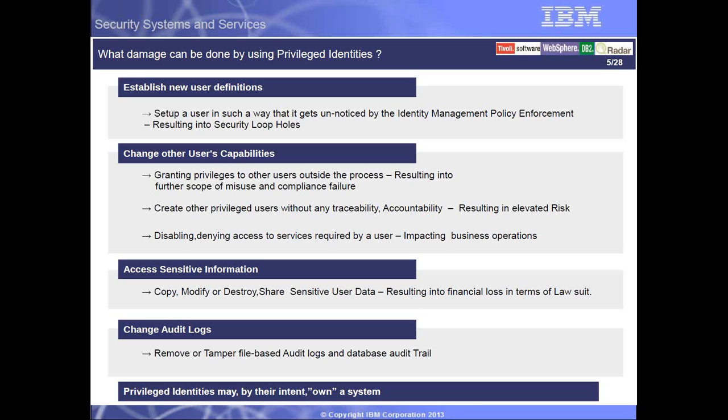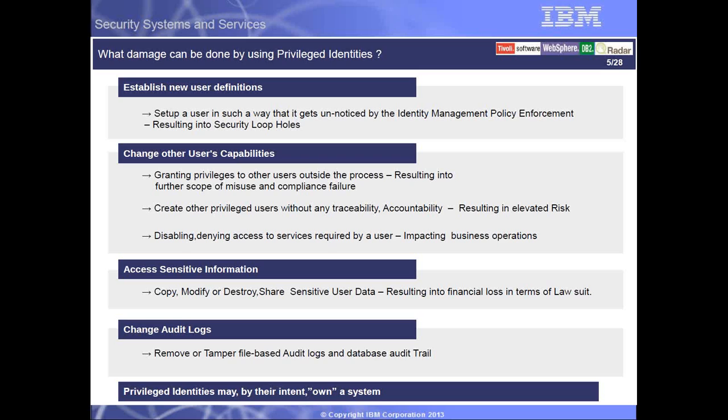Next, you can create another privileged user without any traceability or accountability. It results in elevated risk. Disabling or denying access to a service required by a user will impact business operations. So that's about changing the user capability.